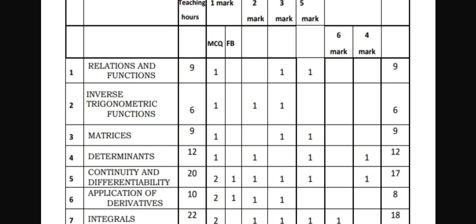Based on these properties, there will be one 5 marks question asked for the matrices. Okay, overall the matrix chapter carries 9 marks. One MCQ question, then one 3 marks question and one 5 marks question.